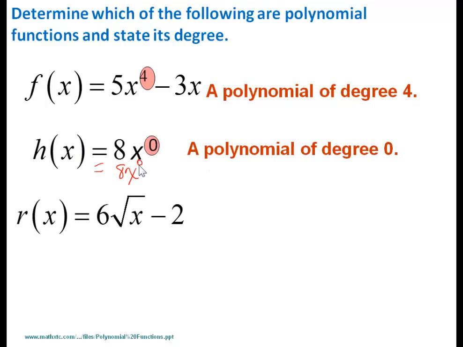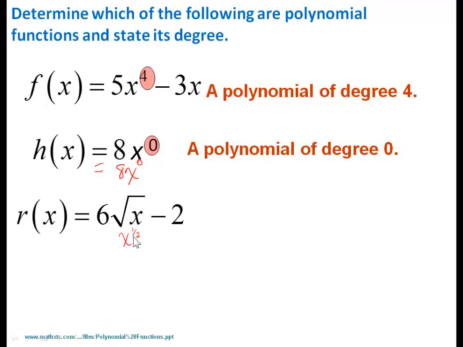Our next example, is this a polynomial function? Well, let's check. The coefficients are real numbers. I have a variable here, and the exponent for this variable, be careful, this is not exponent 1. If this is the square root of x, remember I can rewrite the square root of x as x to the 1/2 power.